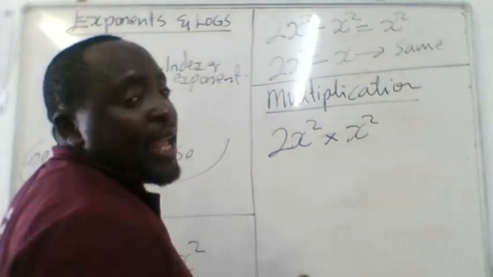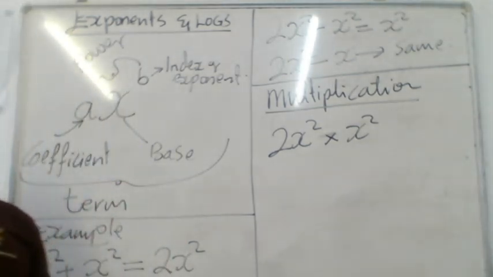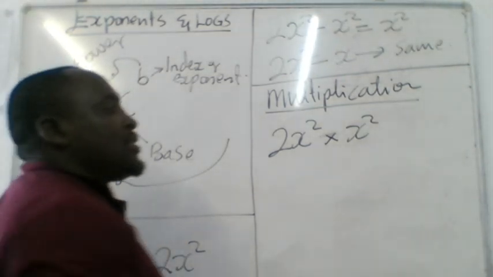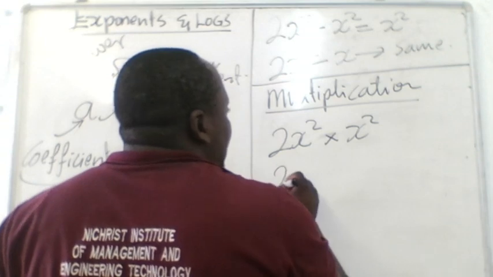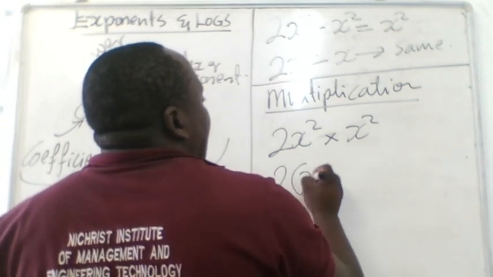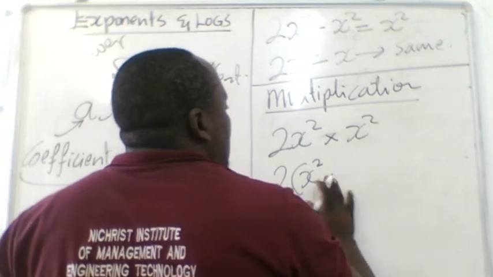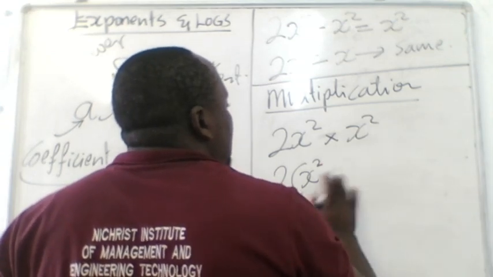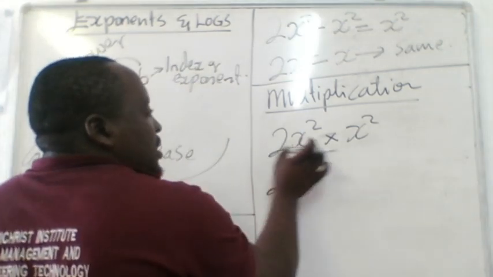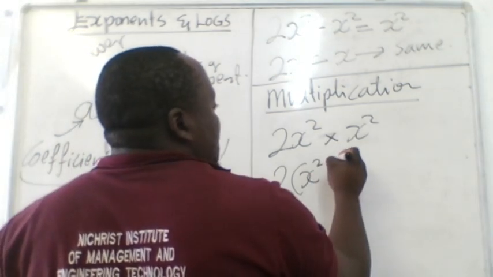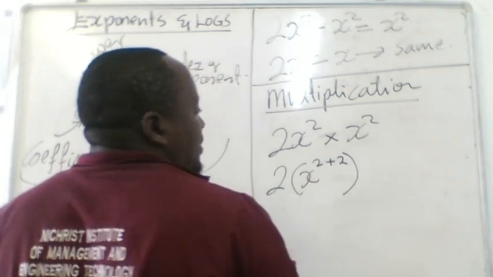When I'm multiplying, all I'll do is add the exponents. This times that is as good as me adding the powers.